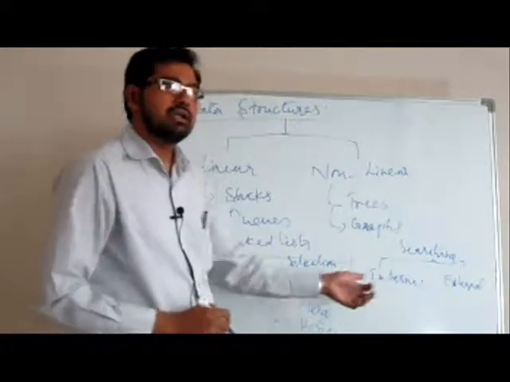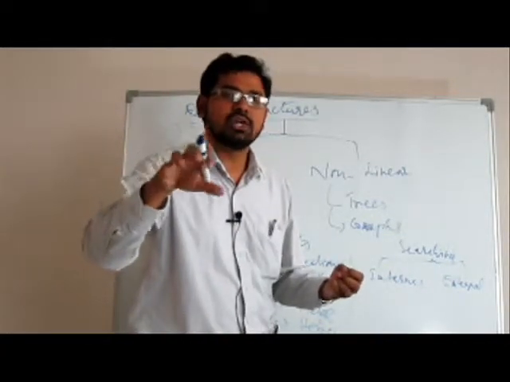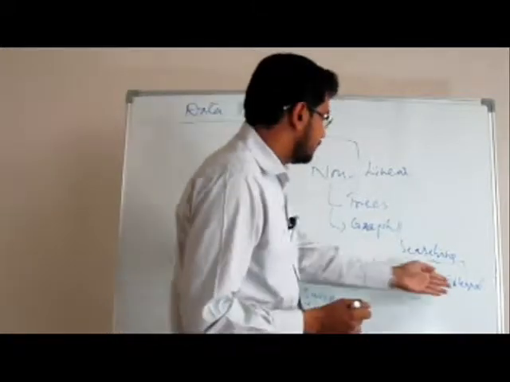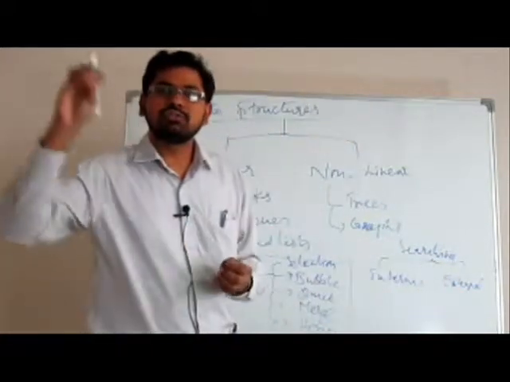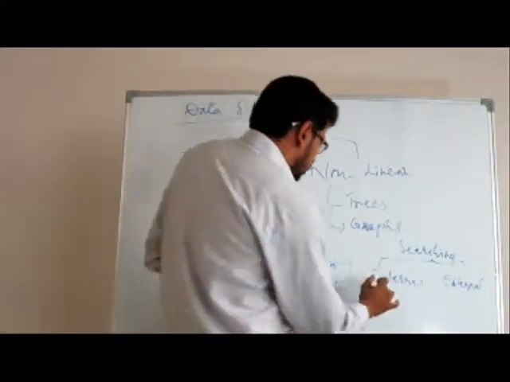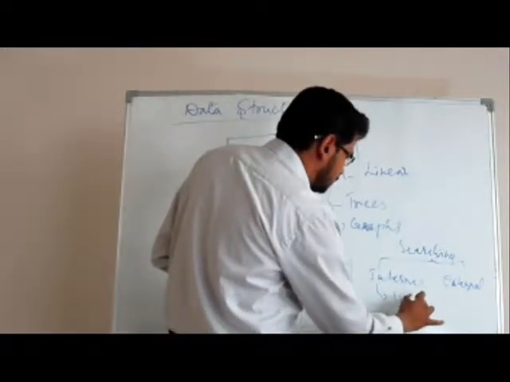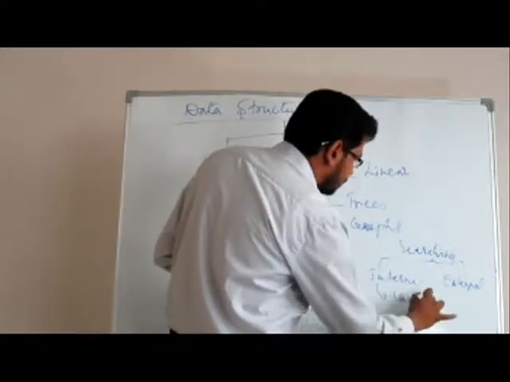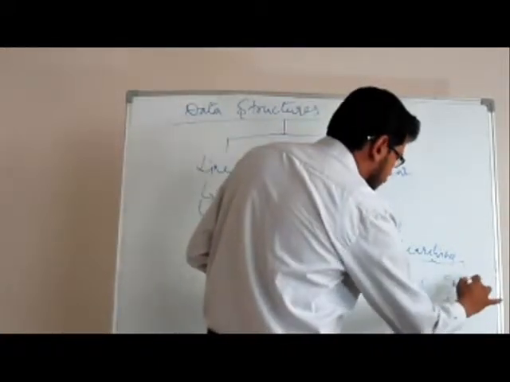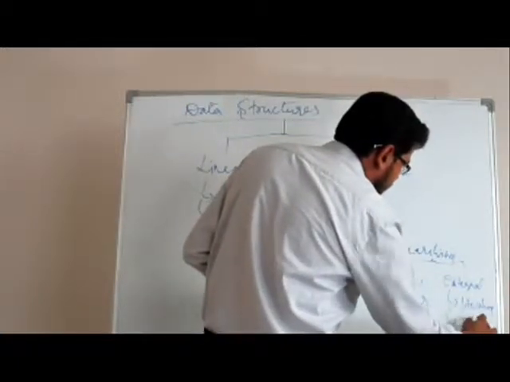I call it internal searching when I am searching the data from my internal memory, such as RAM, system memory. External searching is when I am searching from the external memory, such as hard disk or backup. Under internal searching we have linear search and binary search. External searching techniques include hashing and B-trees.